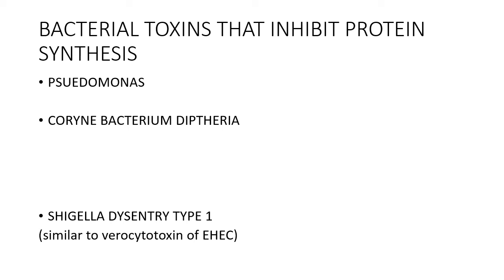Only Pseudomonas and Corynebacterium diphtheriae have a similar action by inhibiting elongation factor 2. But Shigella dysenteriae type 1 has a similar effect to the verocytotoxin of E. coli that we will discuss in later slides. This inhibits the ribosomes and inhibits protein synthesis.